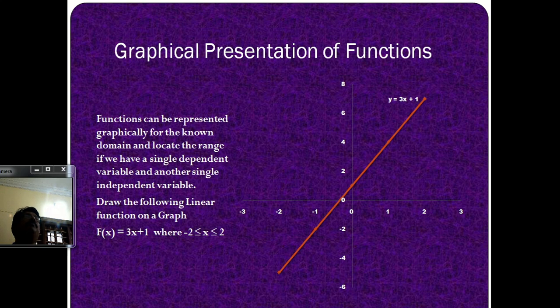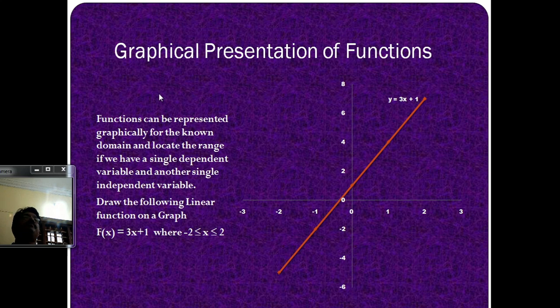For a multivariable distribution or a multivariate function, graphical presentation is impossible, because as you know, in a graphical presentation you have only two axes. One is the x-axis and another one is the y-axis. In the x-axis you will record the independent variable, and in the y-axis you will record the dependent variable.